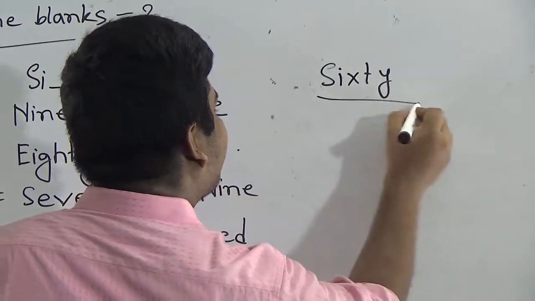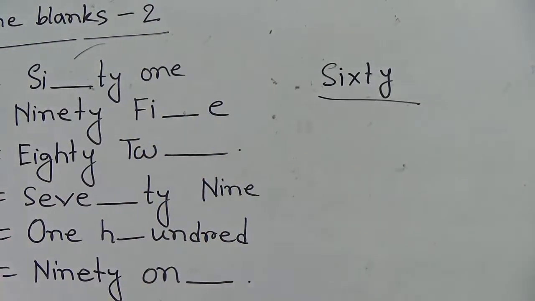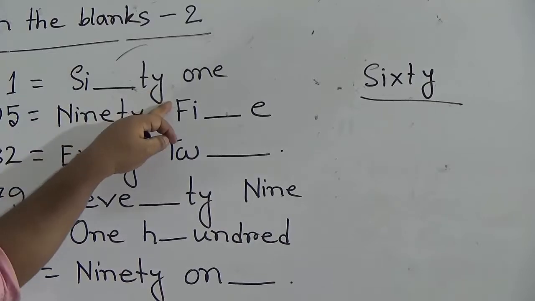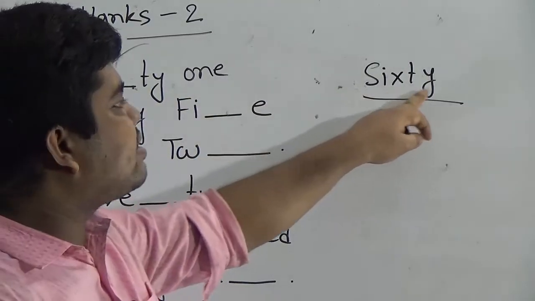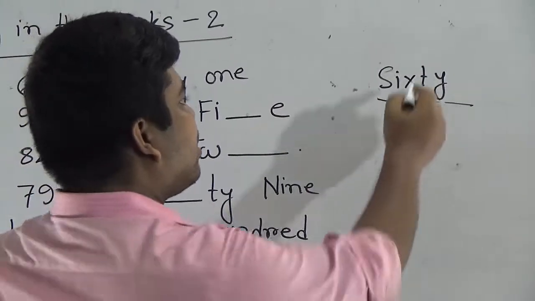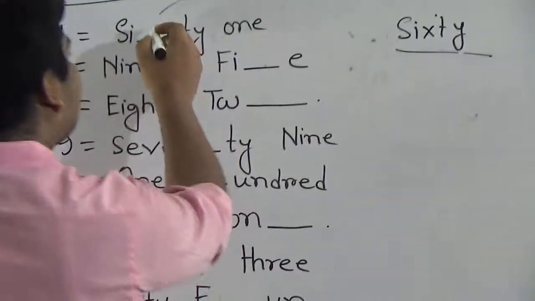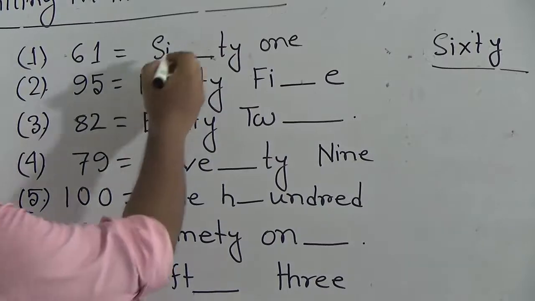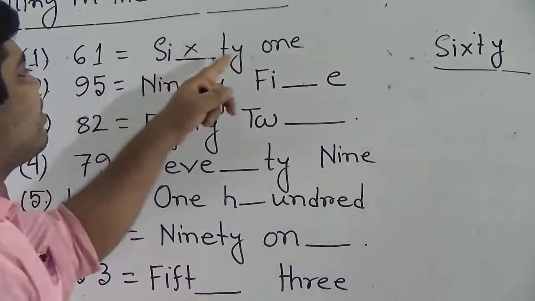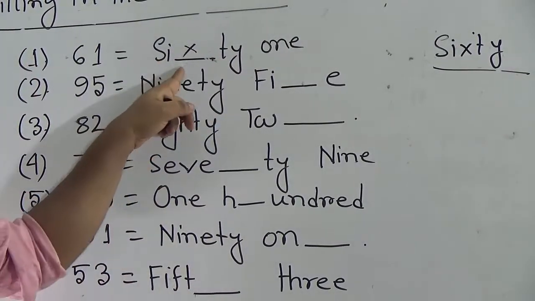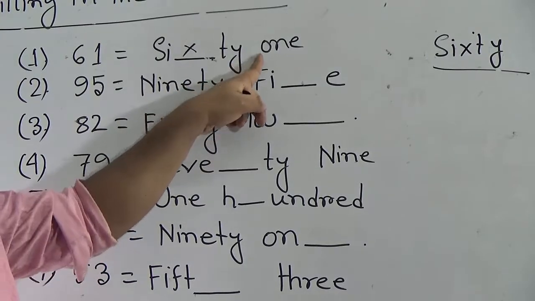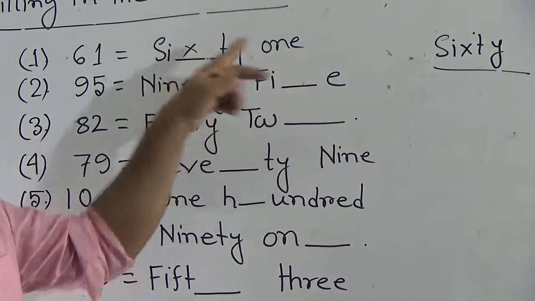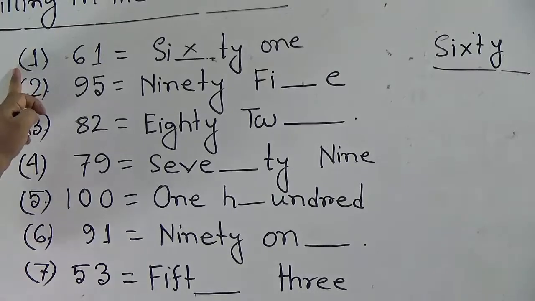Now notice this word and this word: here SI-TY and here SIXTY. Which letter is absent? X is absent. So we write X to complete the spelling of 60. Here SIXTY, 60, ONE, 1, 61. Okay, our first one is done.